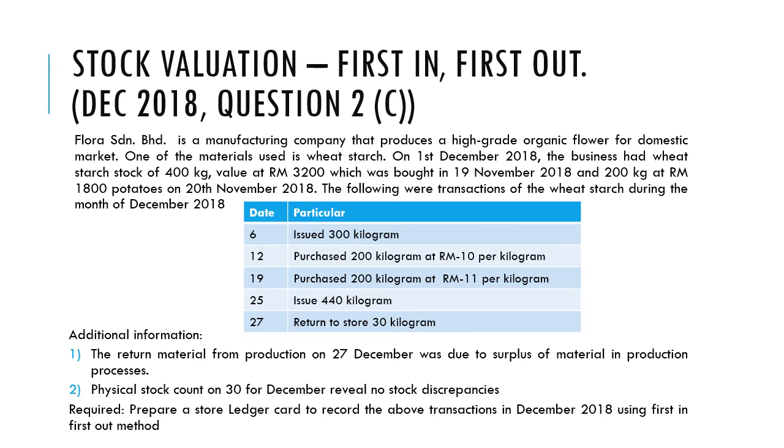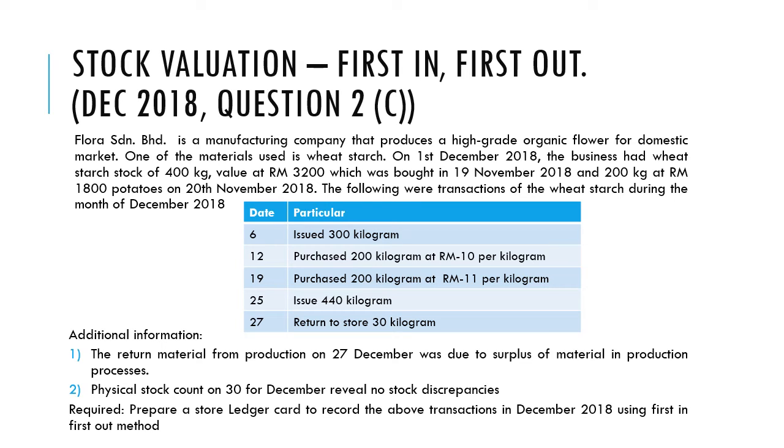Okay. For the example for first in first out, you can go to December 2018, question number 2C. Floras Neighborhood is a manufacturing company that produces a high-grade organic flour for domestic market. One of the materials used is wheat starch.